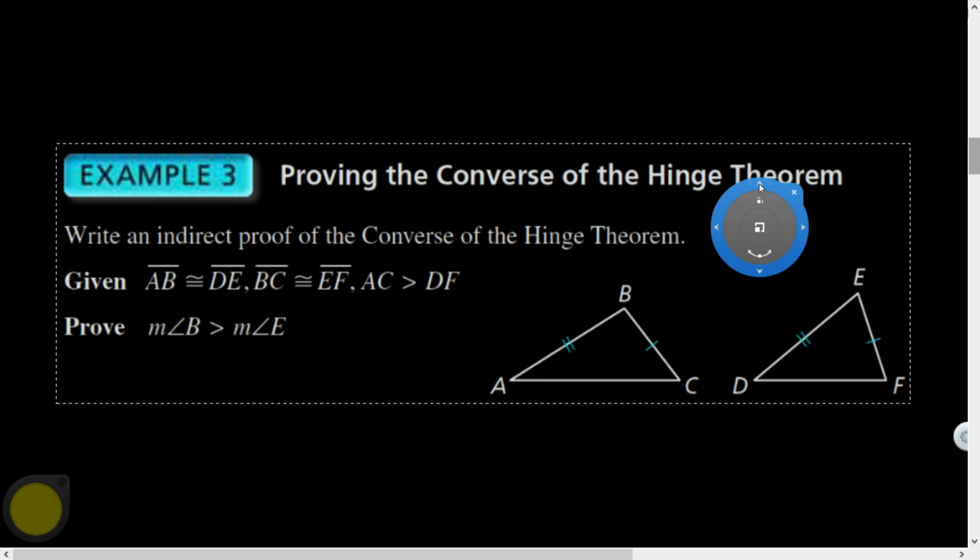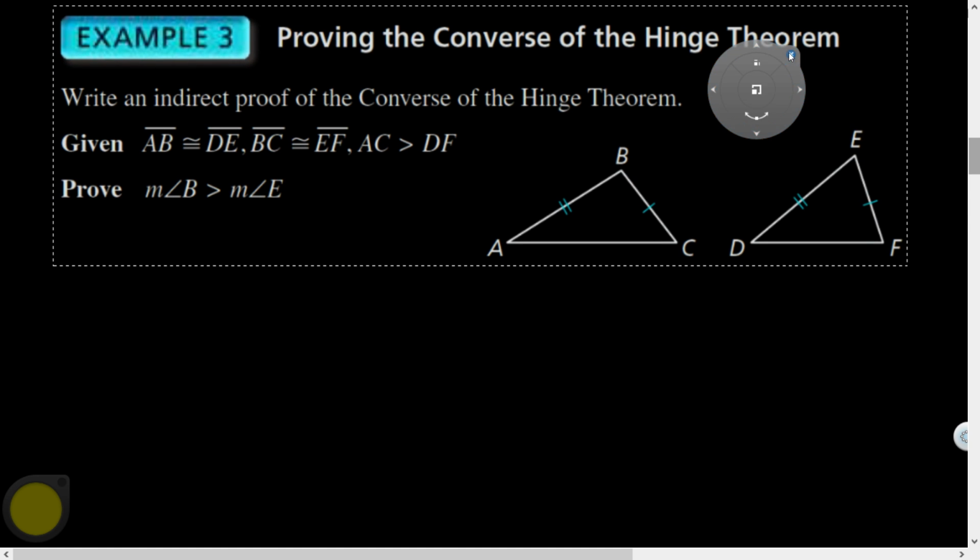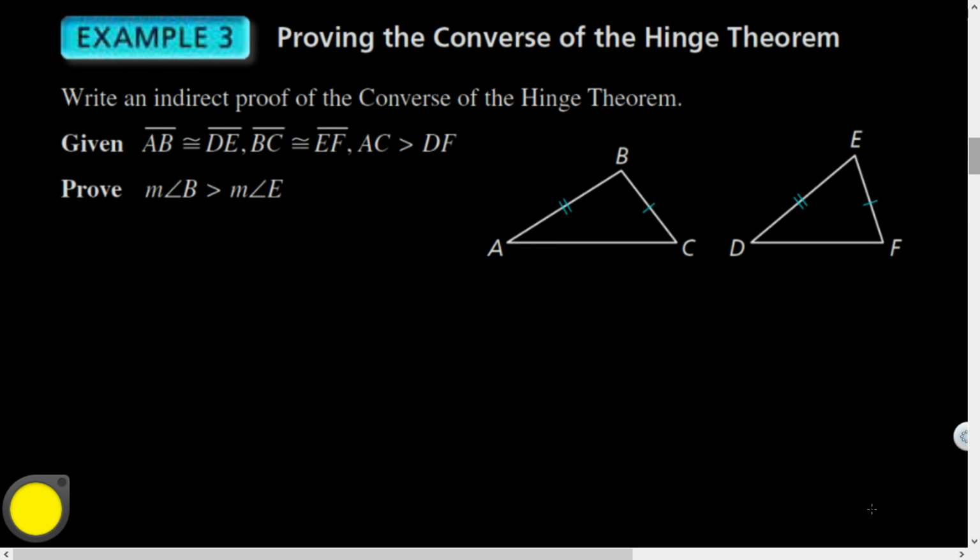Let's take a look at example 3. All right, so we start with the given information, and I'm told that AC is bigger than DF here.